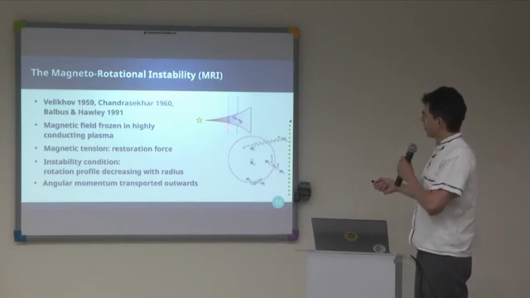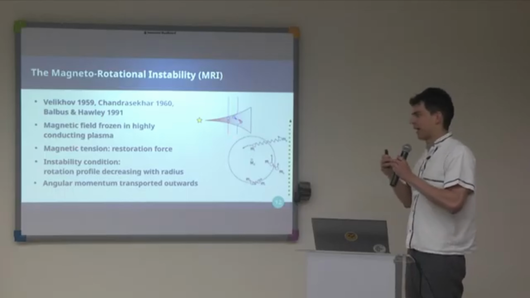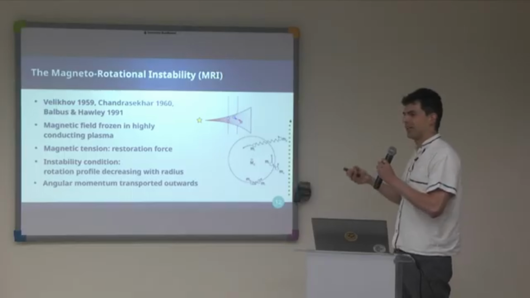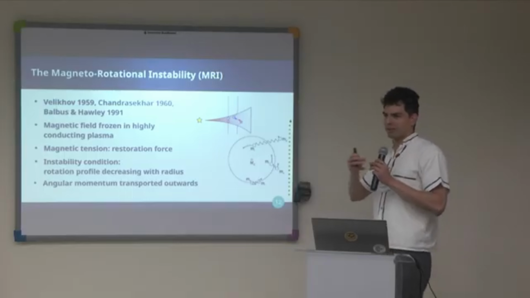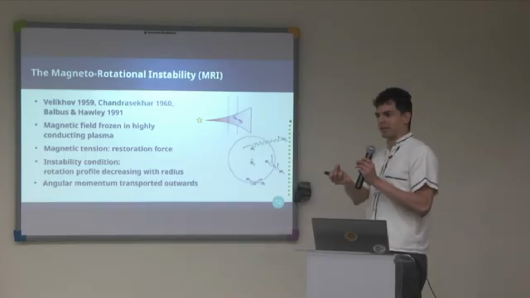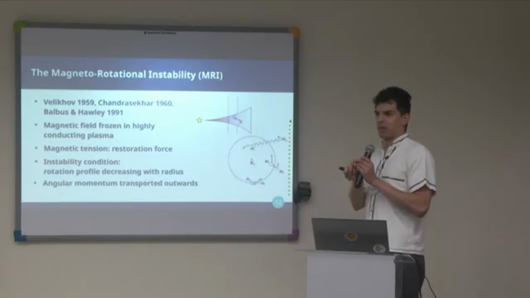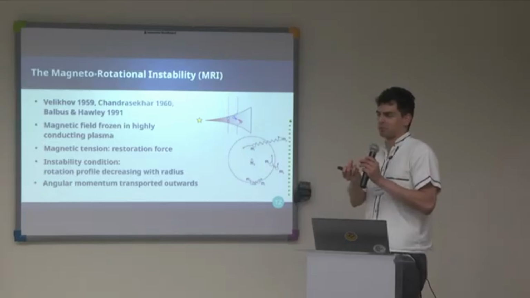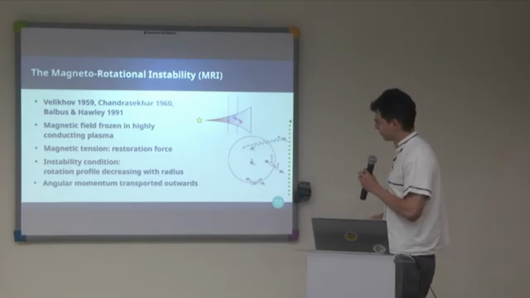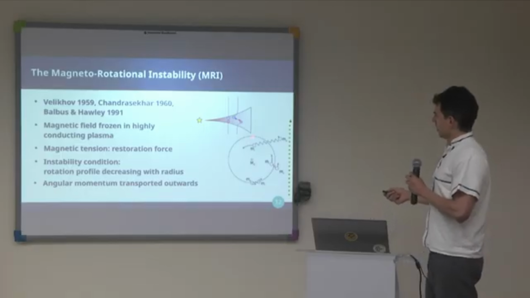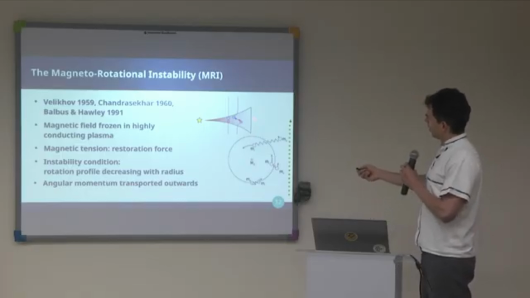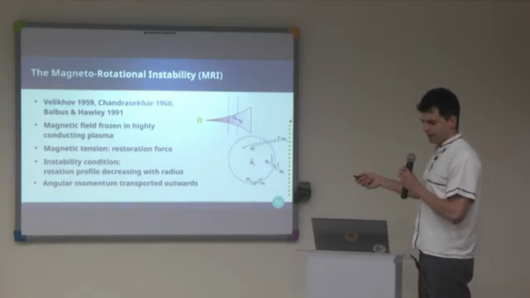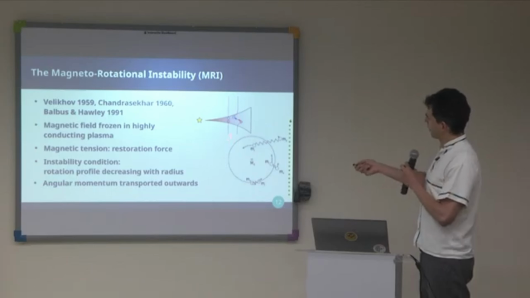And this results in a sort of magnetic tension that is a restoring force of magnetic field lines. If you distort a magnetic field line, it will try to get back as it was, a bit similar to an elastic rope or a spring.